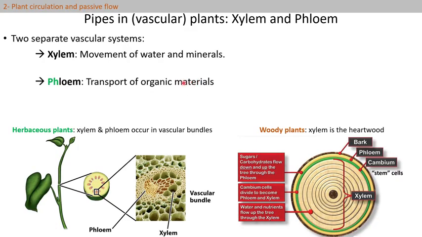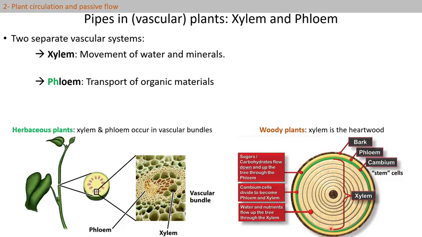So where are they located, these transport systems? In herbaceous plants, xylem and phloem are bundled together in what is called a vascular bundle, where you can see that the pipes are parallel to each other and together. In woody plants, that's a bit different.